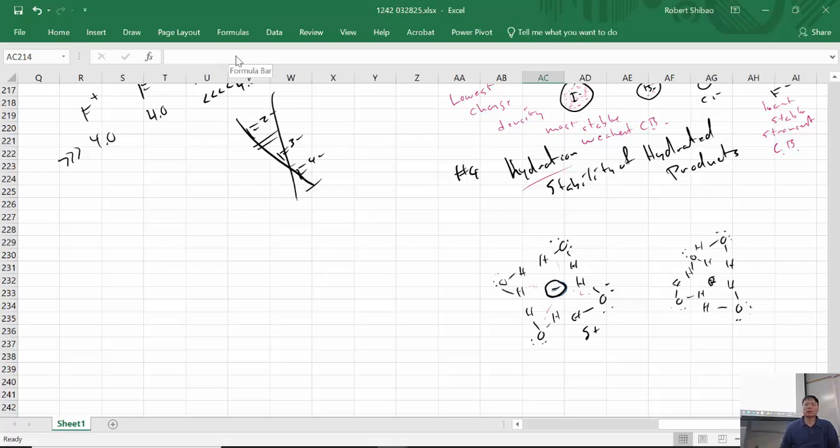This should be more orderly than I drew it. In other words, which one's going to give a stronger positive negative attraction? The hydrated iodide or the hydrated fluoride? Which one's more stable?